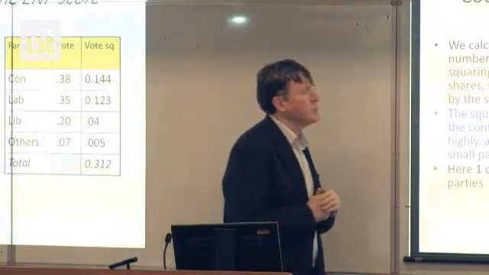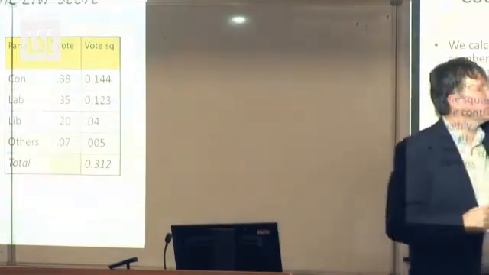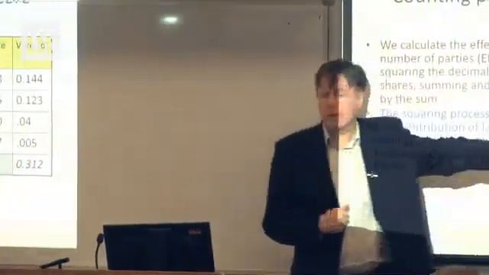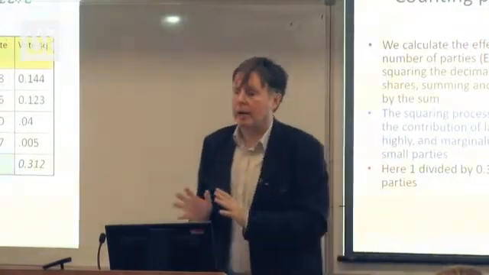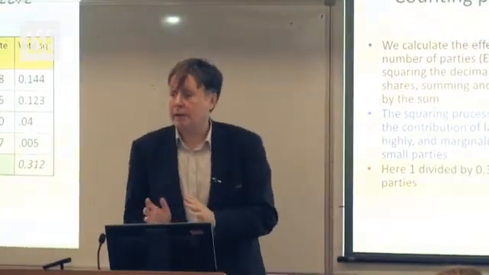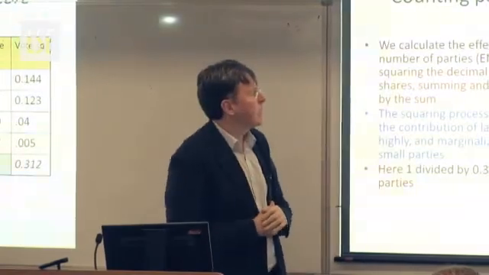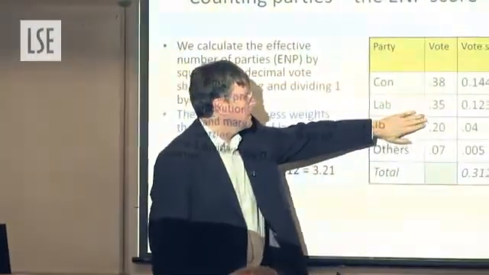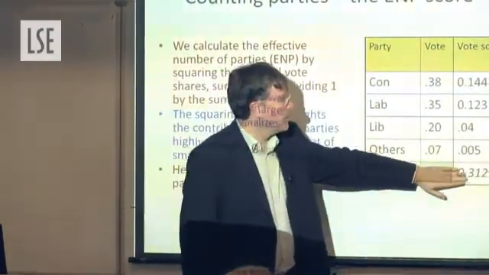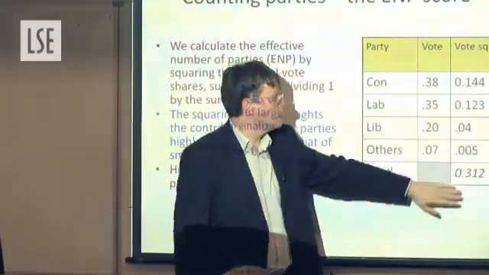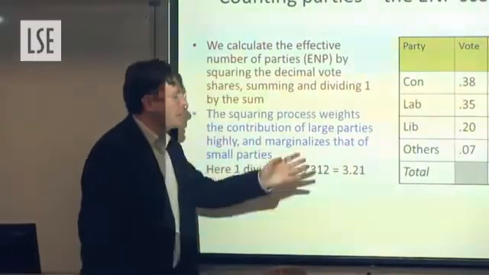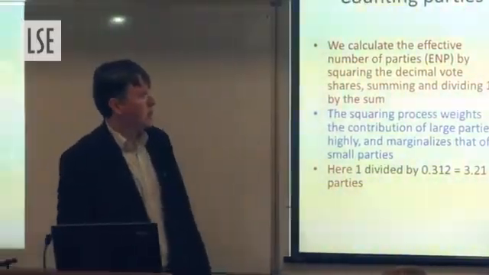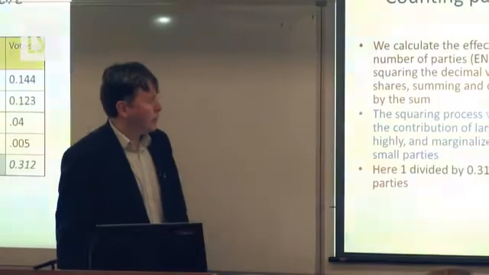So what we do is we take the vote share and we express it as a decimal. So 38% is 0.38. And then we square it. We do that for all the parties in turn, and then we add up these squared amounts. So in this particular case, you can see that the squared amounts come to 0.312.